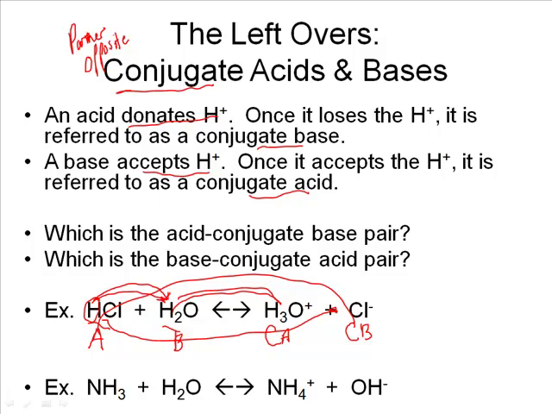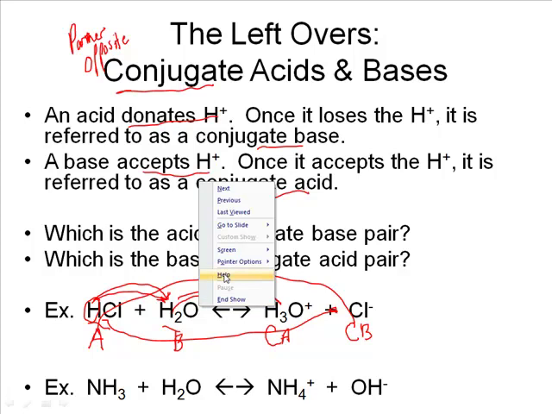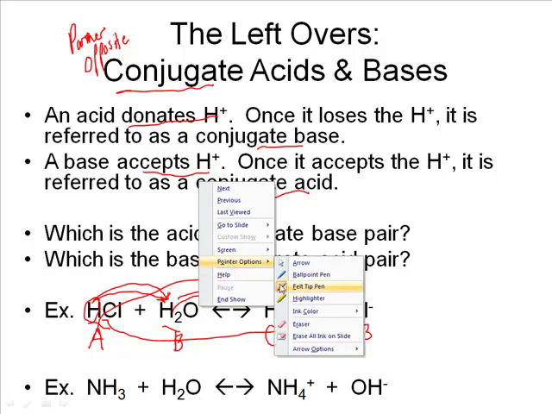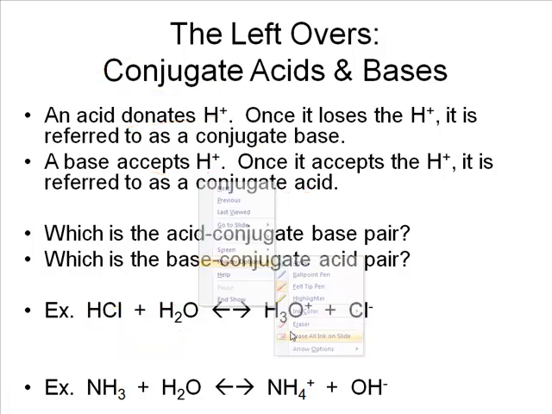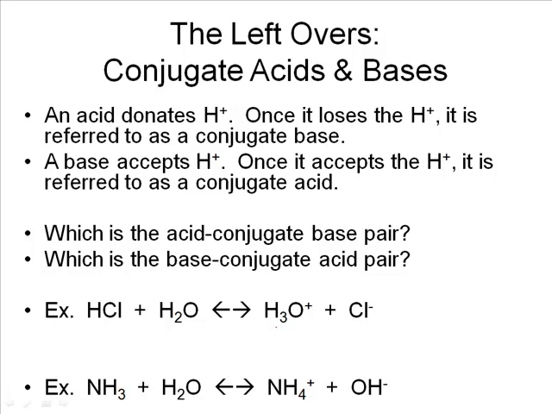And then if we reverse the reaction, watch what happens. Let me just erase the ink here so we could see. Okay, now let's reverse. We said that this was the conjugate base. This is just plain old Cl. Bases accept a hydrogen. So watch what this becomes when we reverse the reaction.